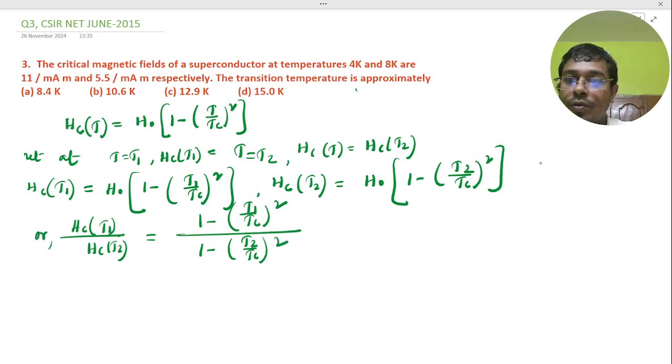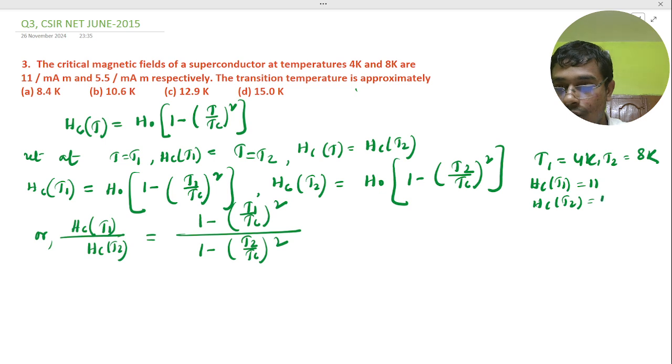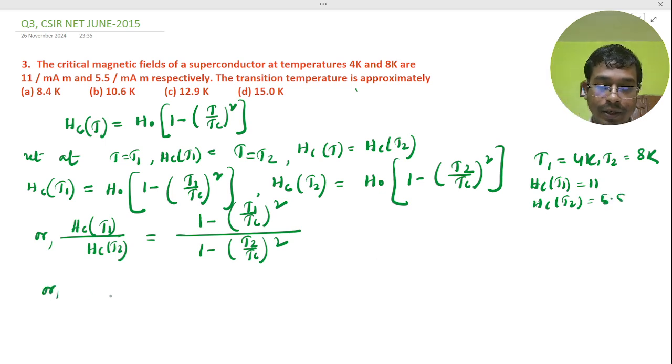So given data, t1 is 4 Kelvin, t2 is 8 Kelvin, Hc(t1) is 11, Hc(t2) is 5.5. Put the numerical values here.